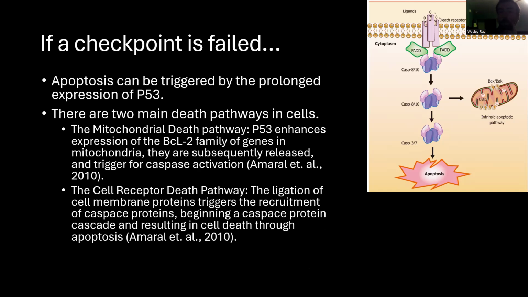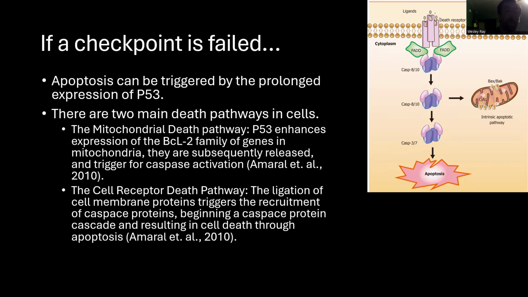Or we have the cell receptor death pathway, which centers around receptors that are embedded on the internal side of a cell membrane. So they're inward facing. They're not facing outside of the cell. They're facing into the cytoplasm, into the cytosol.